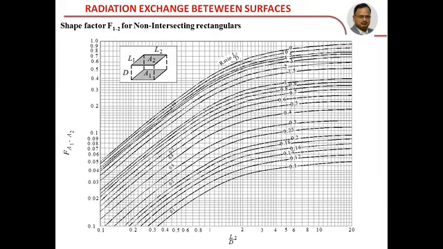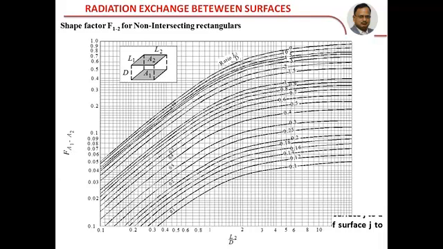Standard data books and textbooks provide these types of charts to determine the shape factor between different bodies like circular discs separated by a distance d, or circular plates, rectangular plates, with different orientations, etc. And it will be useful to solve many kinds of problems.